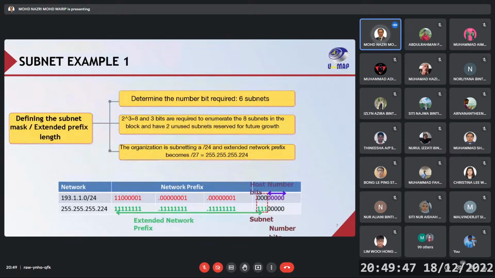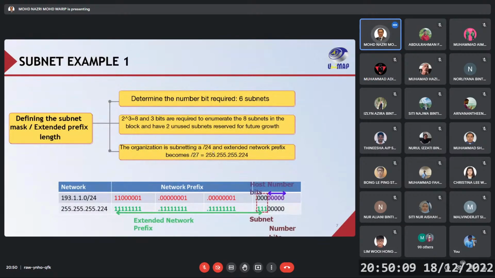Okay, understand? Then the organization is subnetting a /24 and the extended network prefix becomes /27, which is 255.255.255.224. Any questions?